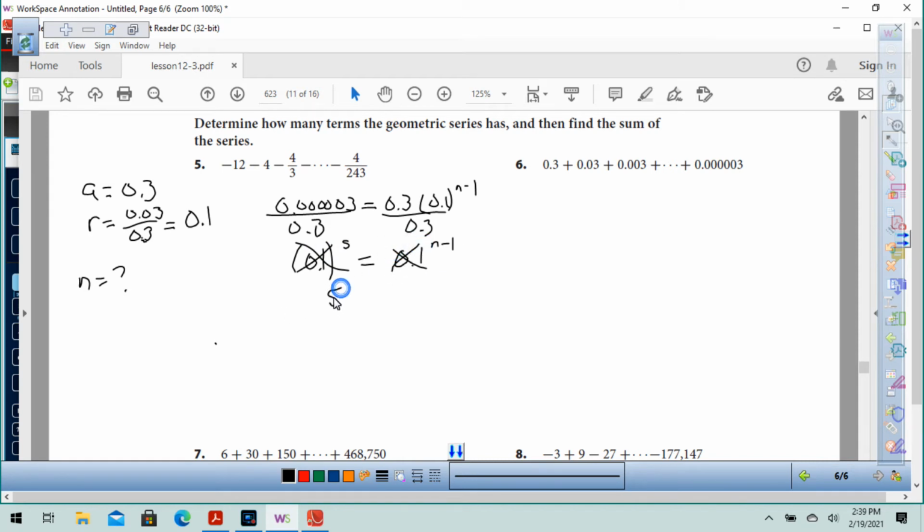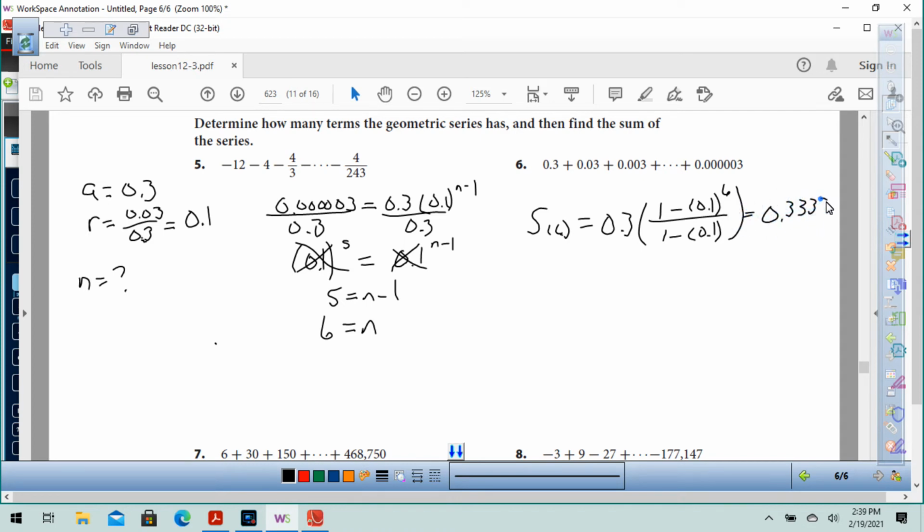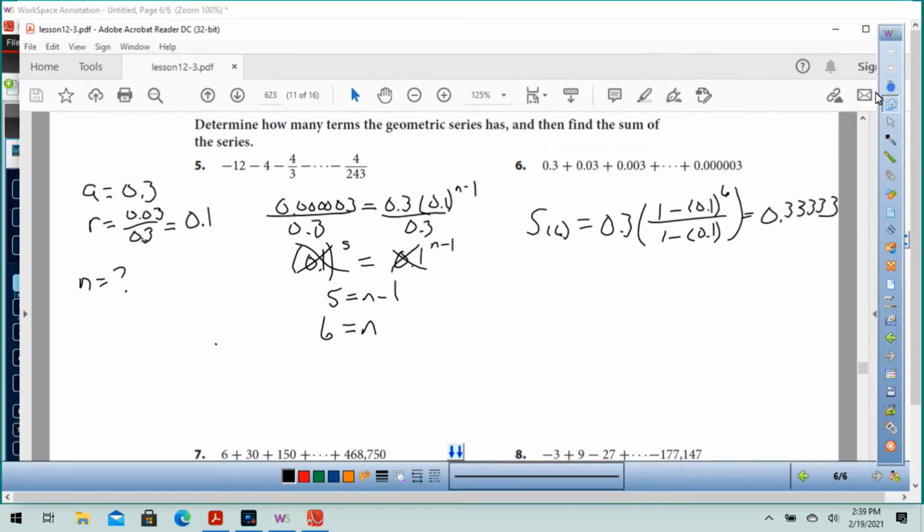So I got 5 equals n minus 1, add 1 to both sides, and that gives me n equals 6. Now I can go over here and say S sub 6 equals 0.3 times 1 minus 0.1 to the 6th power over 1 minus 0.1, and that's going to give us 0.1, 2, 3, 4, 5. All right, good deal. You're doing wonderful.